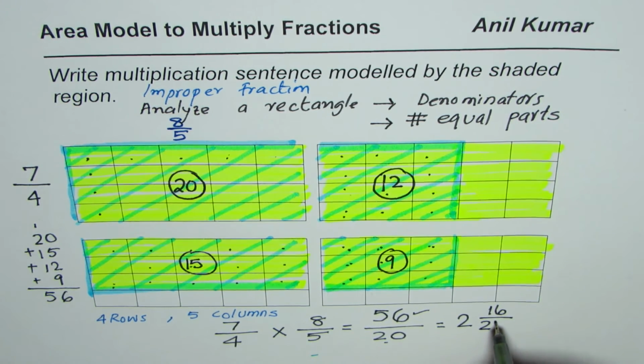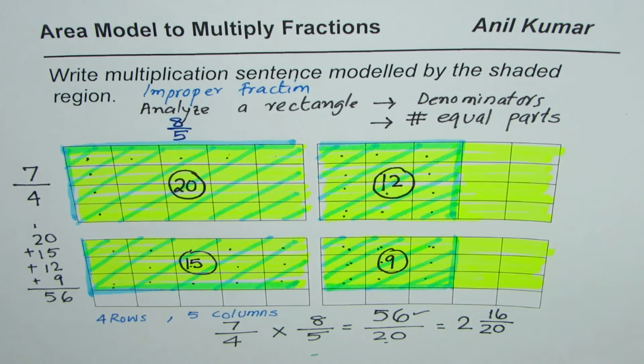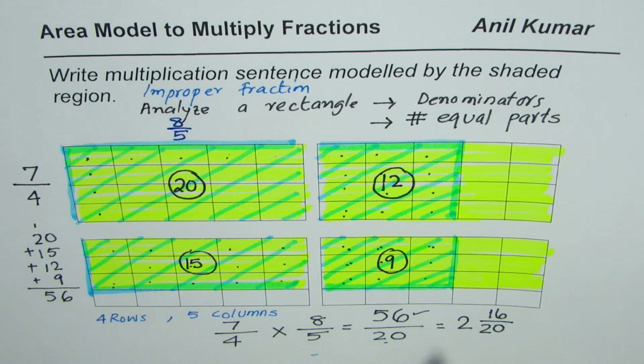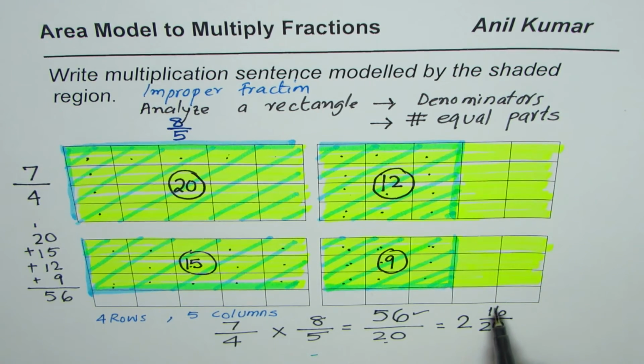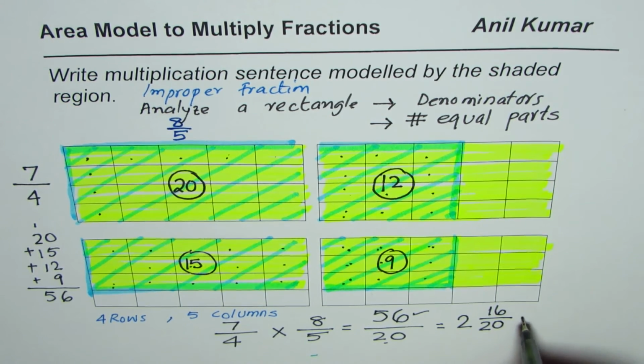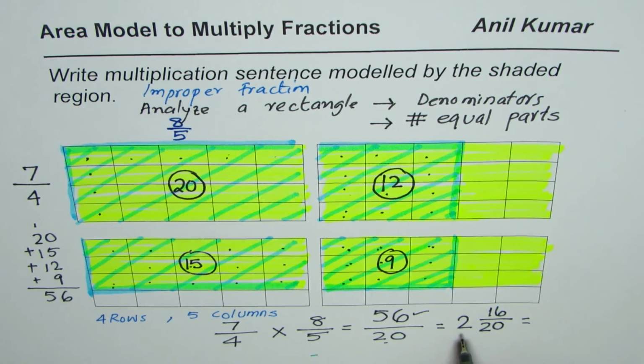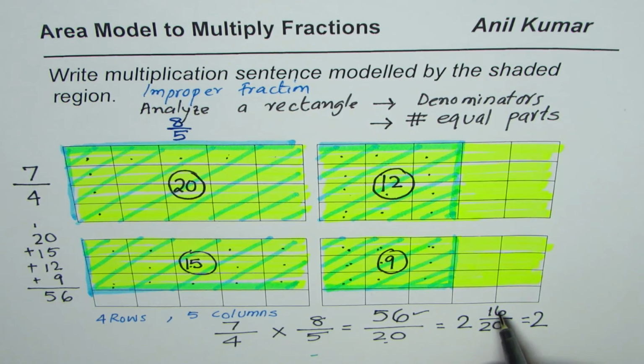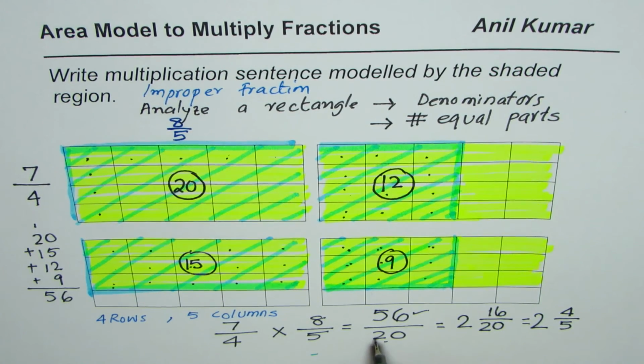Now, I'm not going into the details of writing this number in the simplest form. We have 2 wholes and 16 out of 20, and both can be divided by 4. So we get 4 over 5. That is the simplest form in which you could have written the product.